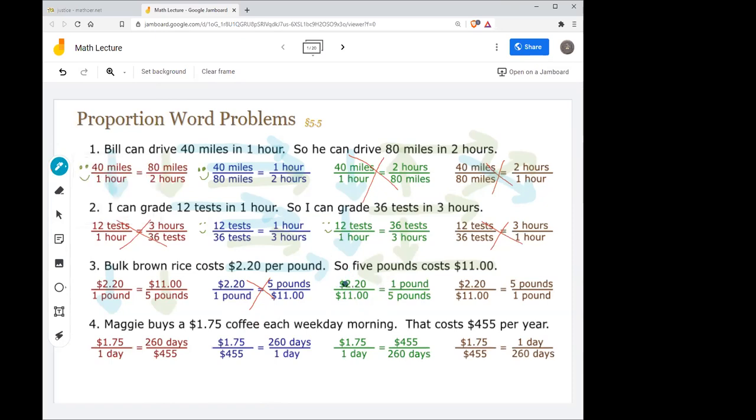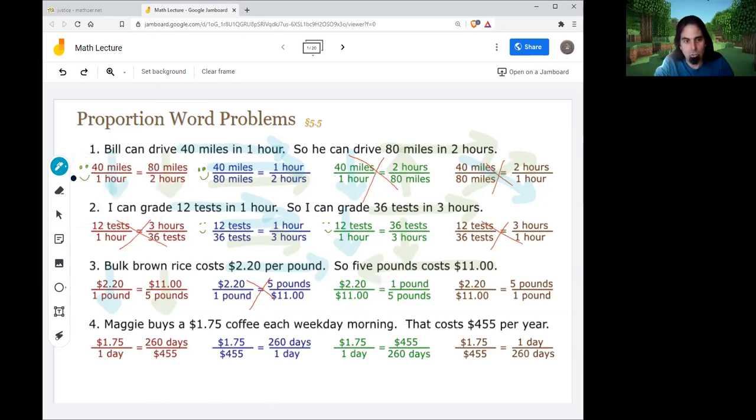This is the right but awkward one. $2 for 1 pound, or 220 for 1 pound. This has one situation on top, one on the bottom. They are symmetrical, but again, this looks odd for most people. The first one just seems better. Okay, and the last one, 220 times 1 is 11 times 5. No.